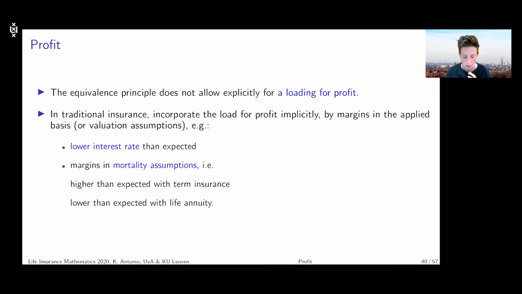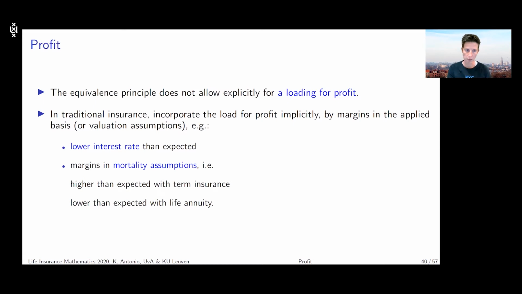So these were some traditional ways to step away slightly from this technical premium and to use actuarial equivalence, but with a valuation basis that changed in order to come up with a higher profit, with a higher premium, a premium that would take some profit margin into account. And what we're now going to do is we're not going to use this kind of reasoning.